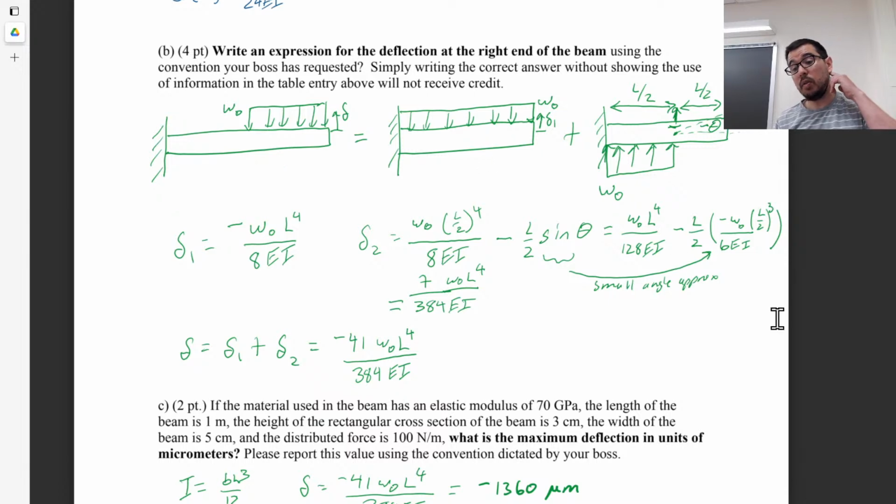And being able to know that there's an angle associated with this is also pretty important. You see how this region over here has no internal moments, no internal shear force from here to here? That's what we call being along for the ride.